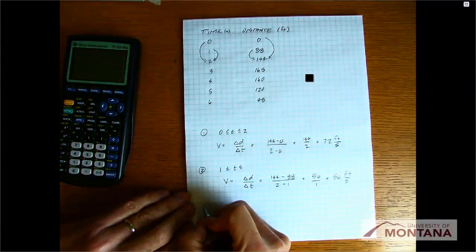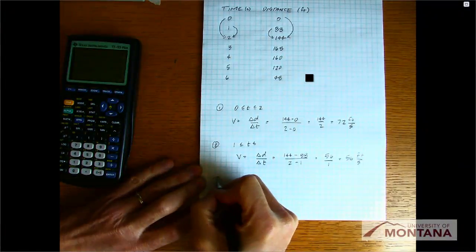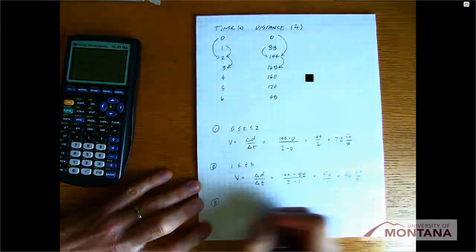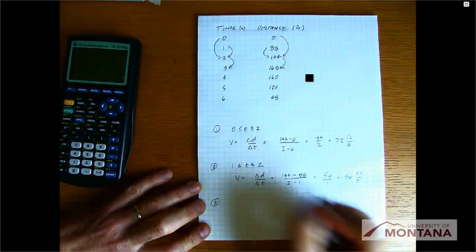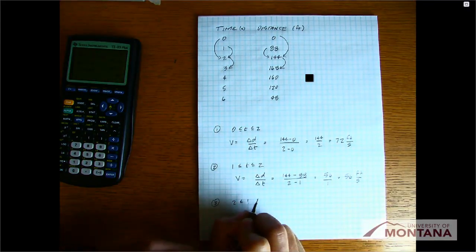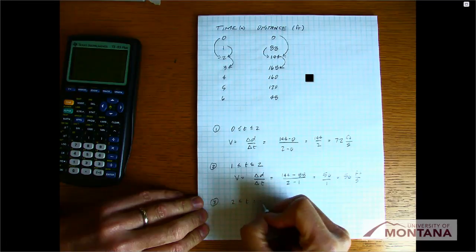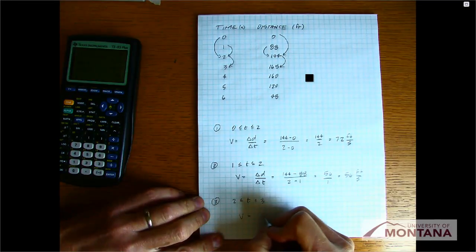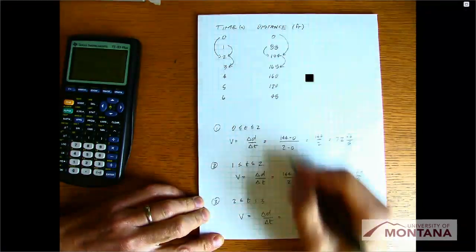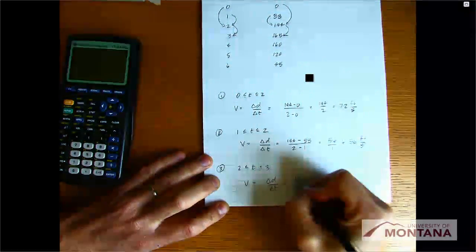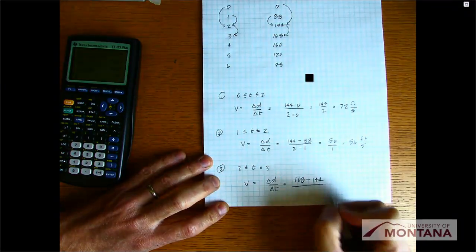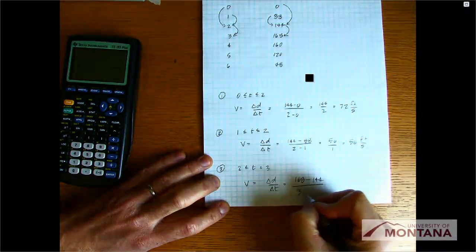The next interval we were interested in is this interval from 2 to 3. So from 2 to 3, oh, sorry, I didn't fill that in. From 2 to 3, we could calculate the velocity as delta d over delta t. So it would be 168 minus 144 all over 3 minus 2.